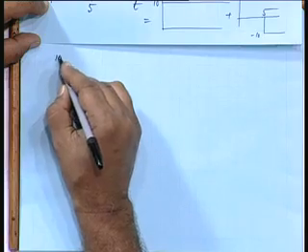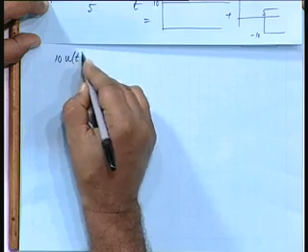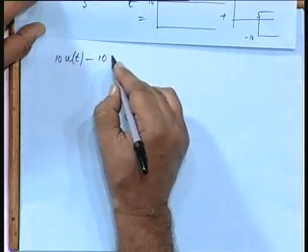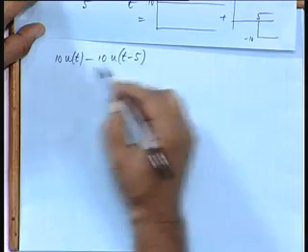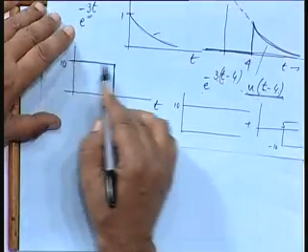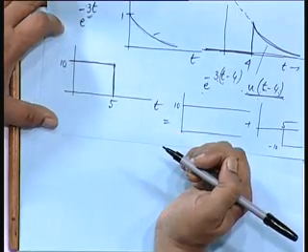Okay. So, what will be the mathematical form for this? 10 u t then minus 10 u t minus 5. Okay. So, this will be representing this function. Okay.